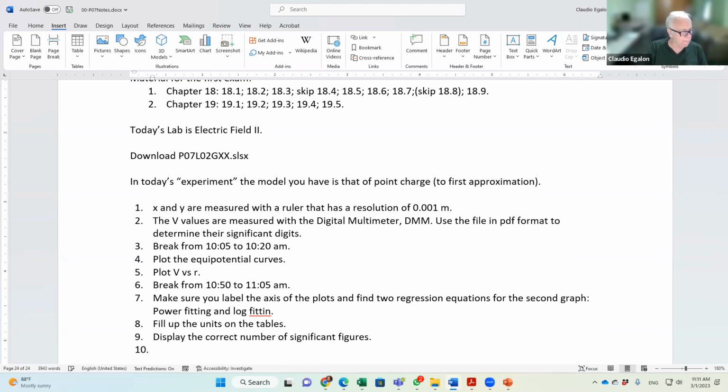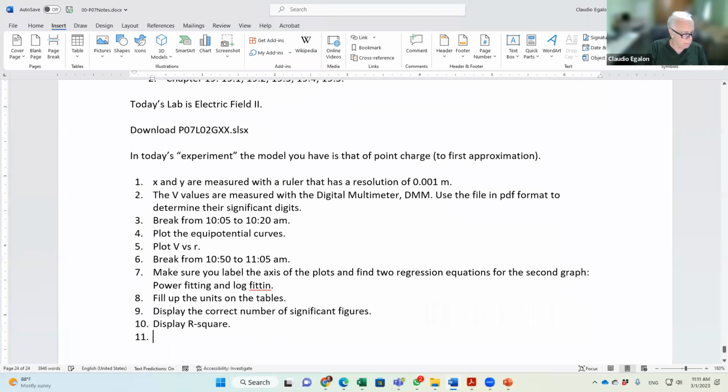Display R squared. Find the CL. Find the CL for both curve fittings. Is that all we need?